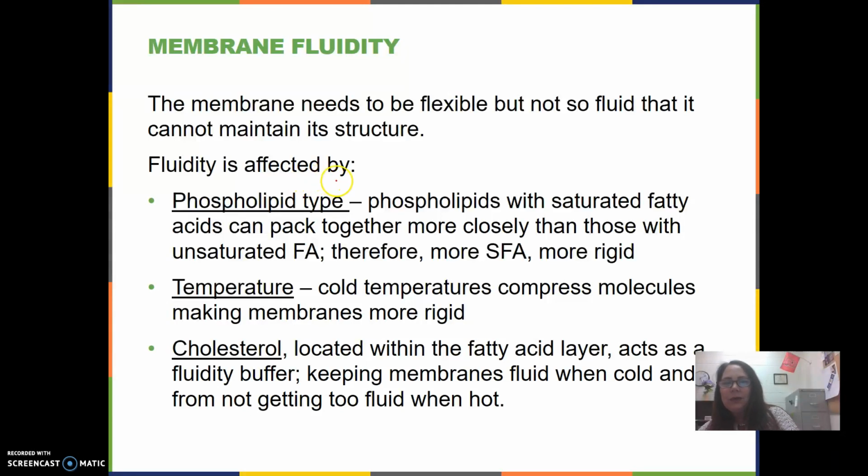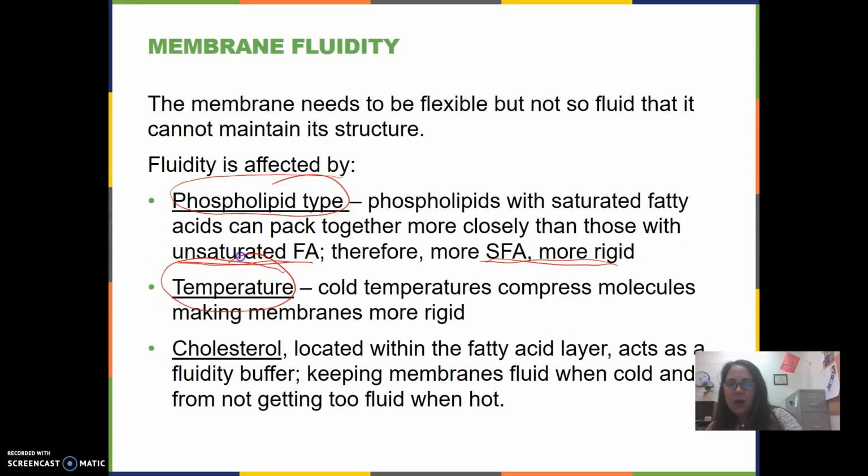So the phospholipids, when they have more saturated fatty acids, the membrane is more rigid. And when they have more unsaturated fatty acids, the membrane is more fluid. Cold temperatures cause the membrane to be more rigid, and warm temperatures cause it to be more fluid.